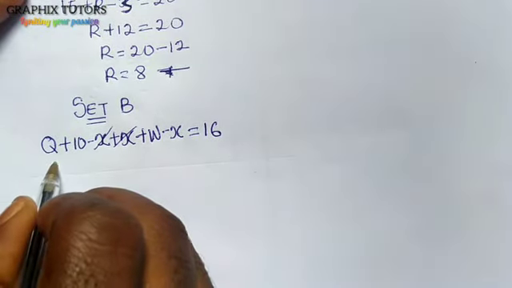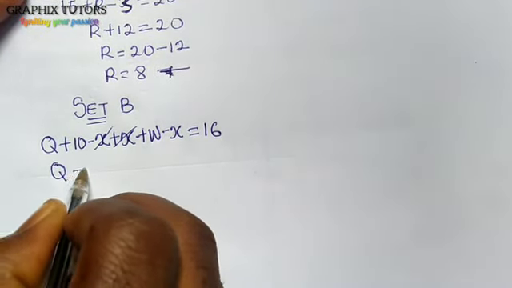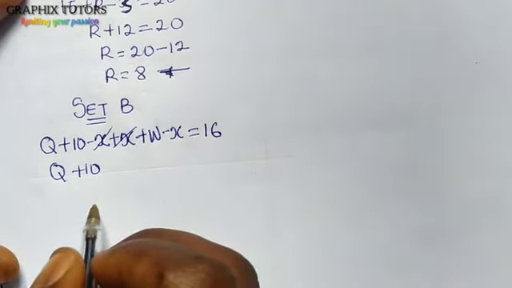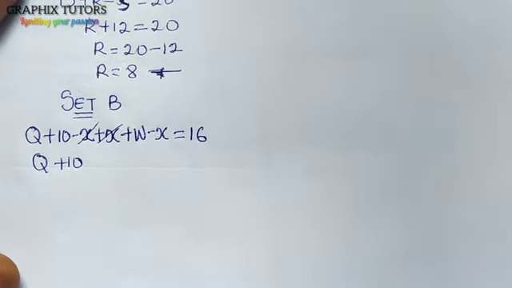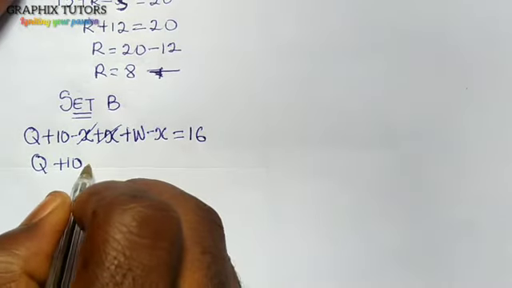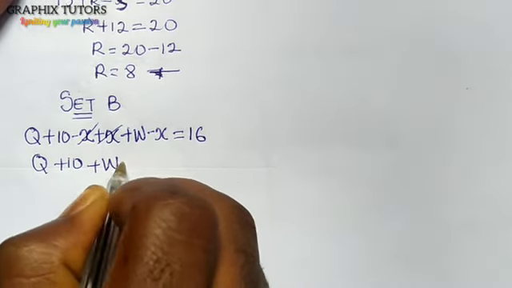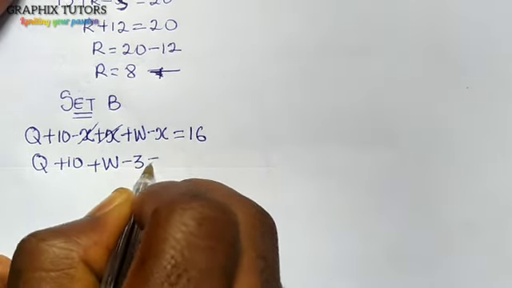So we'll say Q plus 10, right? Q plus 10 plus W minus 3 is equals to what? 16. So 10 minus 3, so we'll say Q plus W. 10 minus 3 is what? 7. Plus 7 is equals to 16.